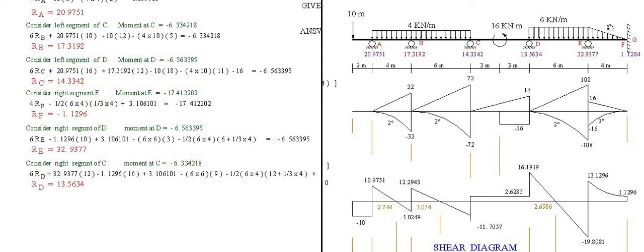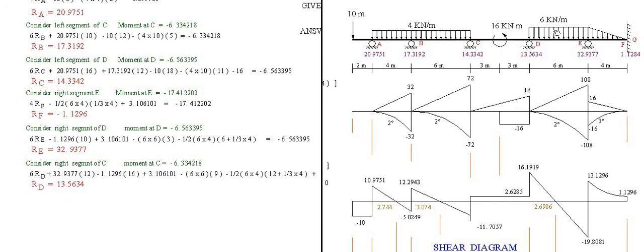Rotation of RA is counterclockwise. Rotation of moment at G is counterclockwise. So positive 3.106.